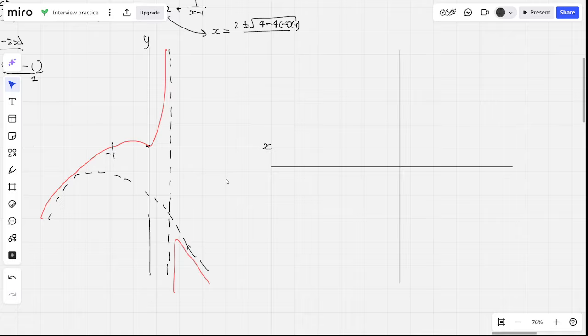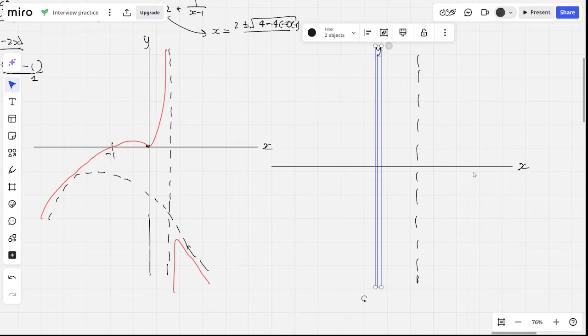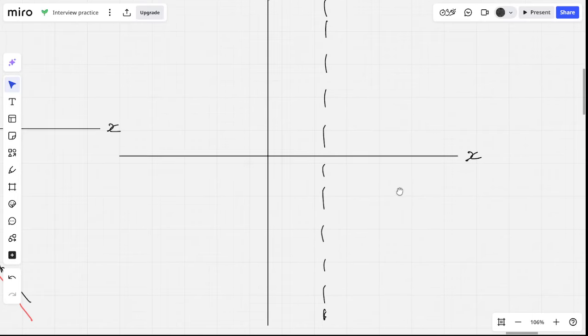Okay, so I have x, y. So I have an asymptote here. And I should perhaps move this more to the side, might be better.